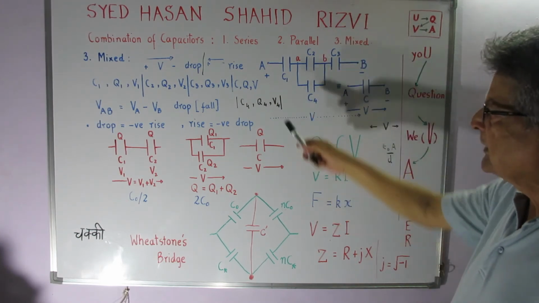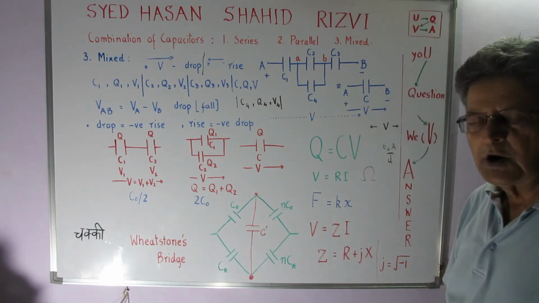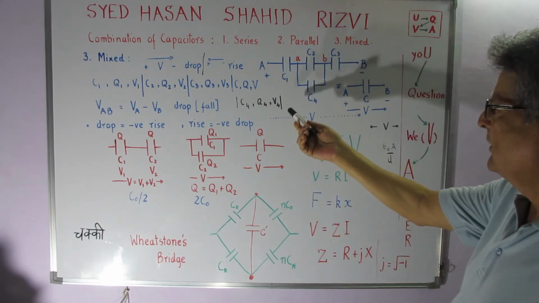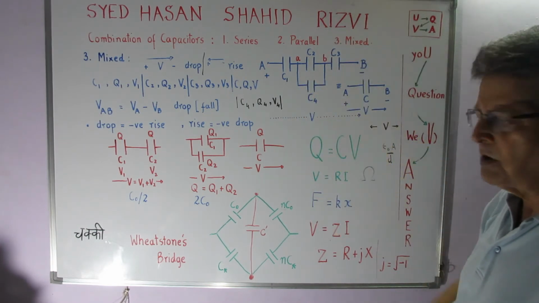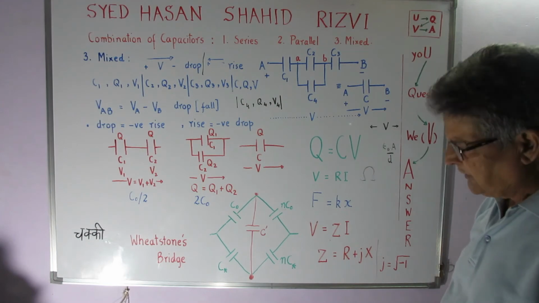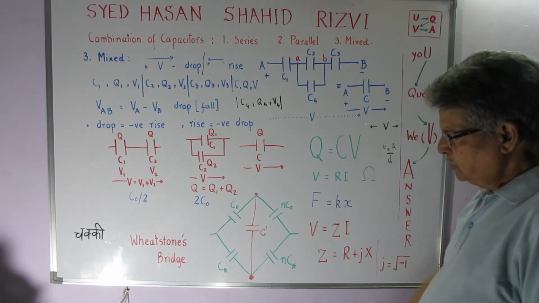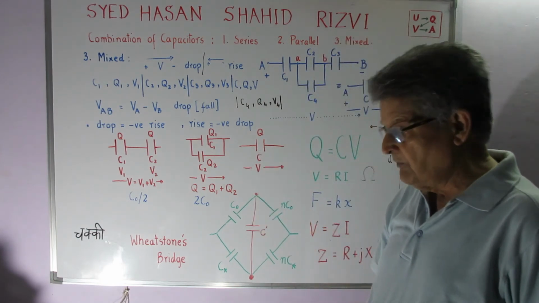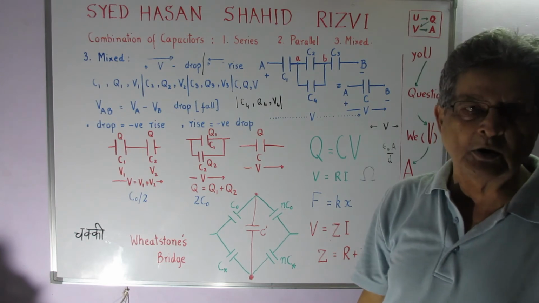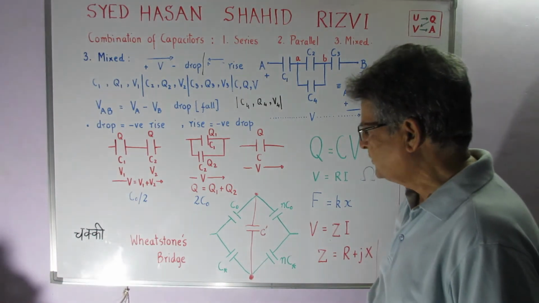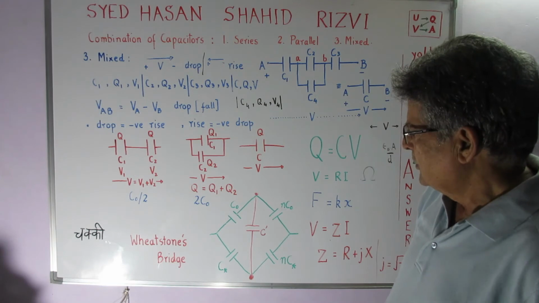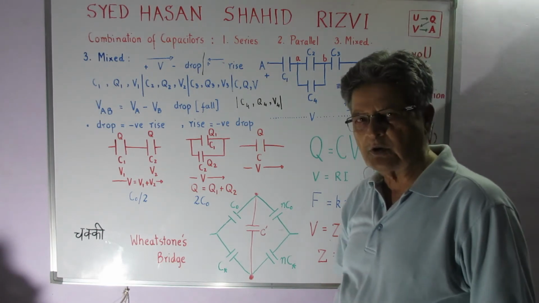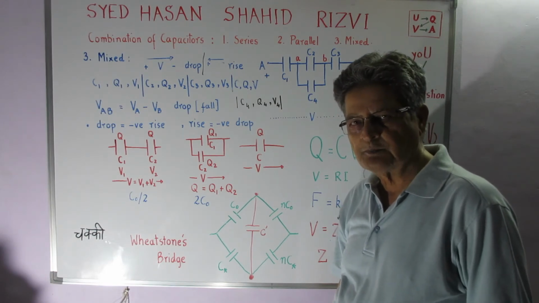Okay, you can calculate the value of Q1, Q2, Q3, Q4, etc. Also you can calculate the value of V1, V2, V3, V4, etc. And don't do it algebraically initially. Do it with the help of the values that are given in your textbooks, or the books where you have questions from your competitive examinations.